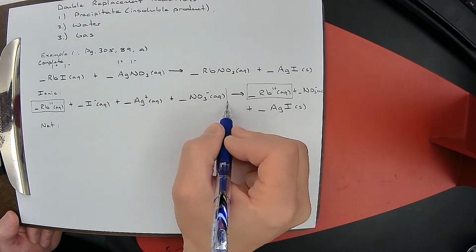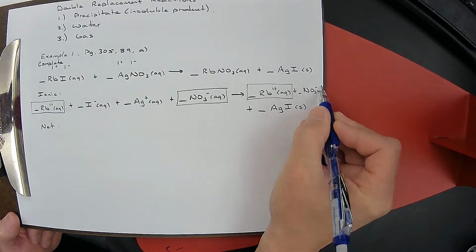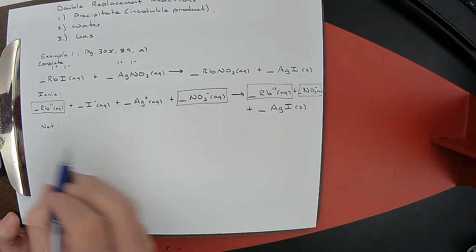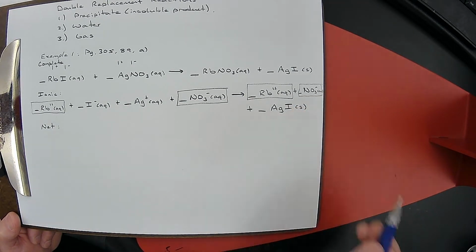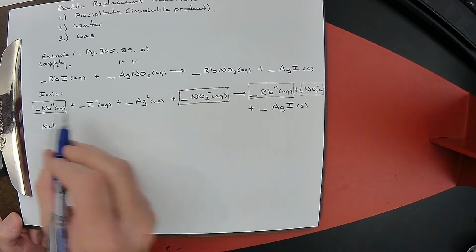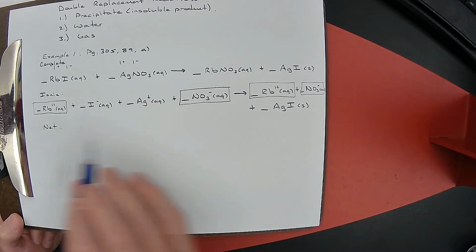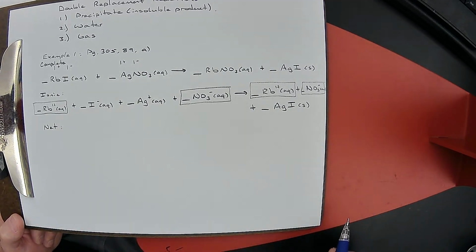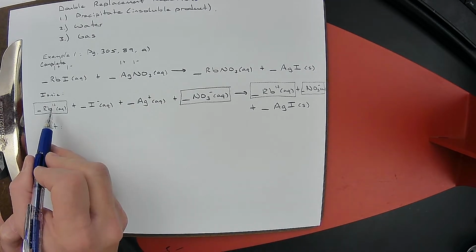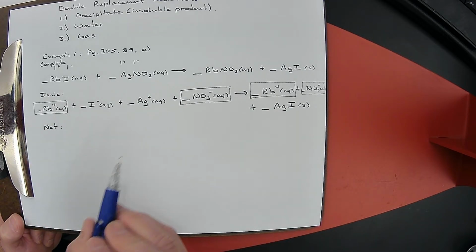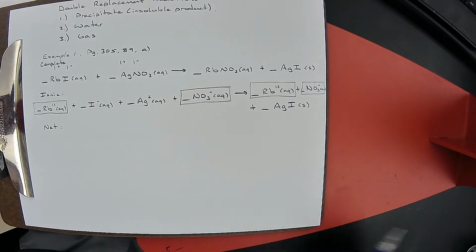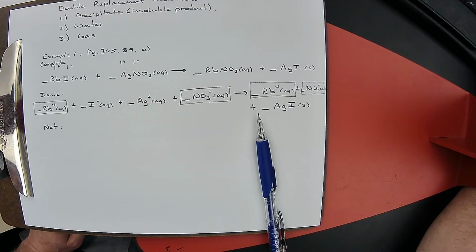It never changed. Notice NO3, NO3, never changes. These are called spectator ions because they never change. Spectator ions are not involved in the reaction. They started as ions, they ended as ions. They just floated around watching what took place in the chemical reaction.